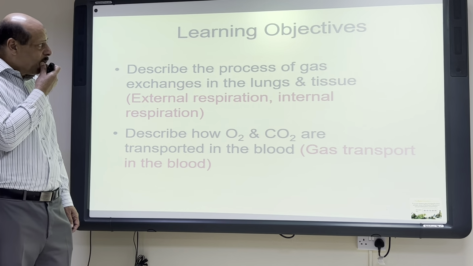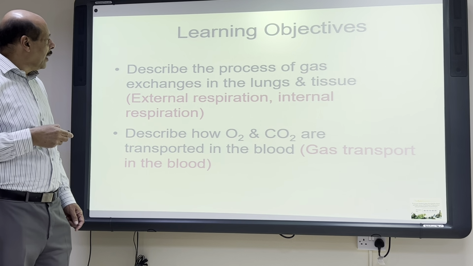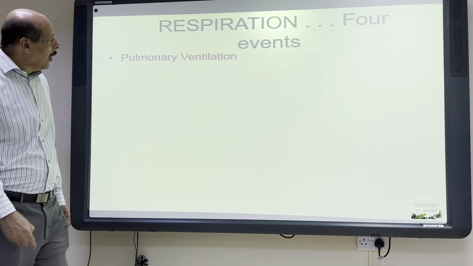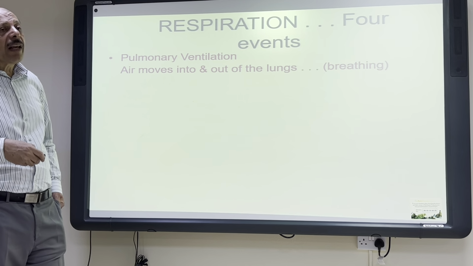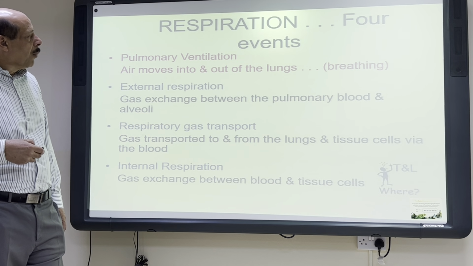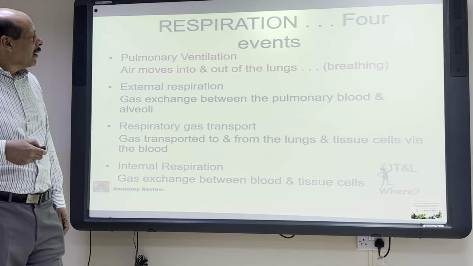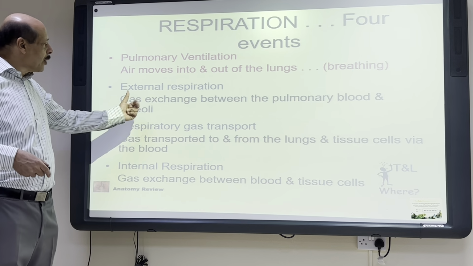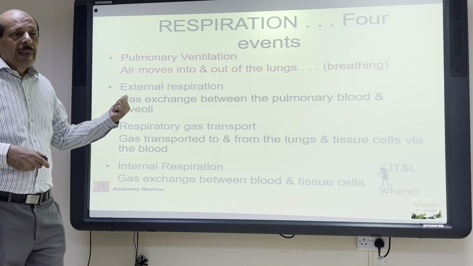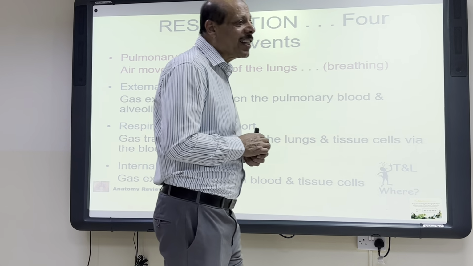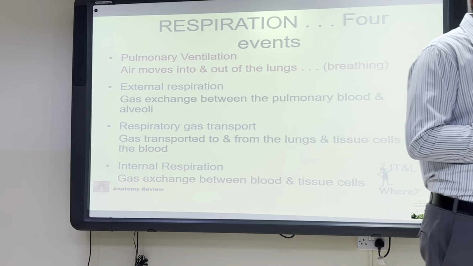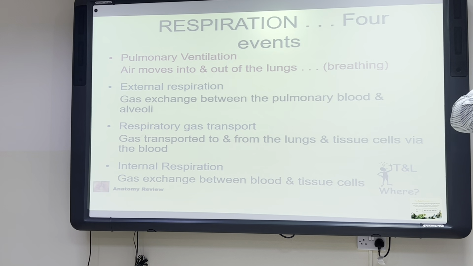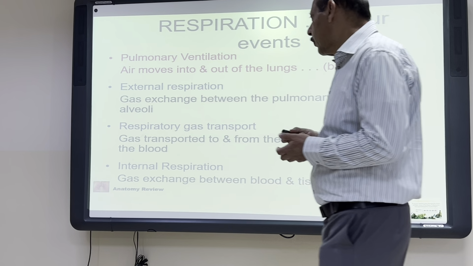We'll come to internal and external respiration, sorry. We have pulmonary ventilation, which is the air moving into and out of the lung, which is breathing in and out, inhalation and exhalation. External respiration is the exchange of gases between the environmental air and the alveoli, and between the alveoli and the blood.